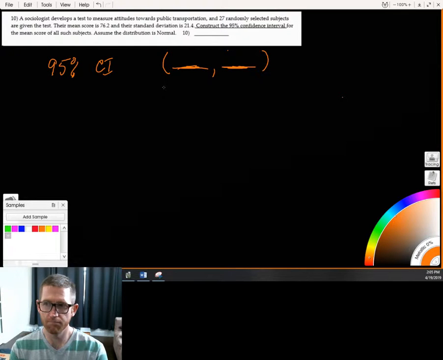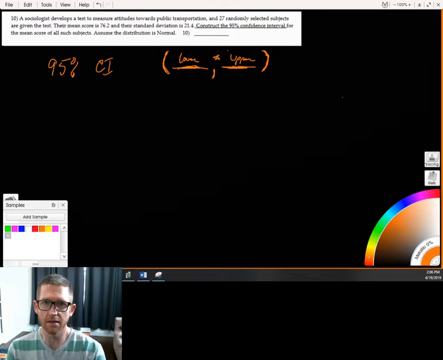based on some error, that you're 95% confident that the true value, whether it's a proportion or a mean, in this case mean, that the true mean is between these two numbers, the lower number and the upper number, based on your sample.